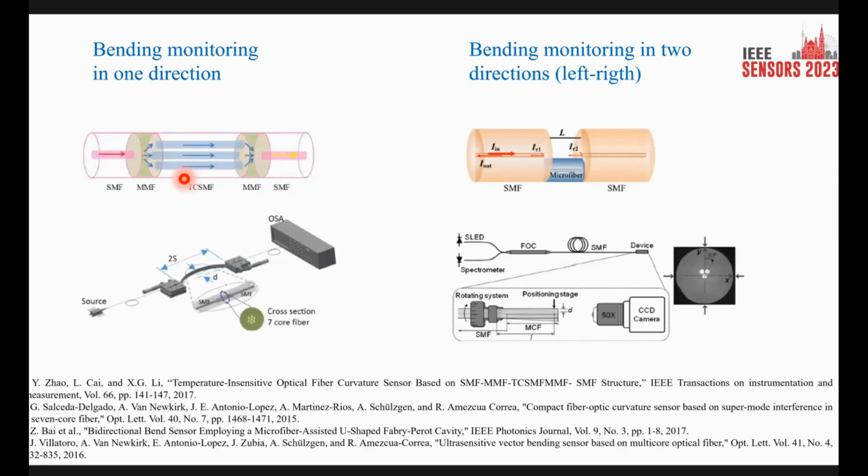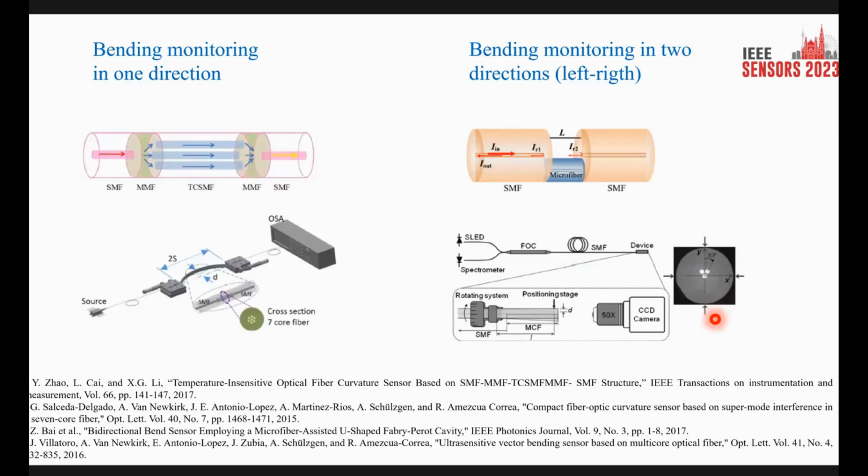So in the first example, we have here a microfiber spliced between two sections of a standard fiber. And in the second example, we have a three-core fiber. Again, there is an asymmetry in the structure, so they were able to identify which direction they are bending.